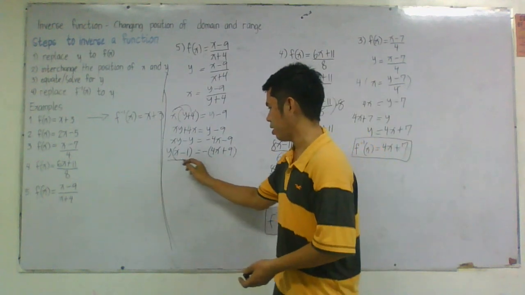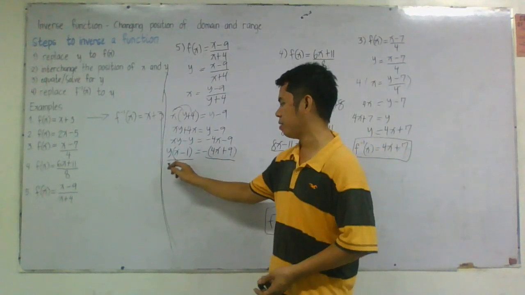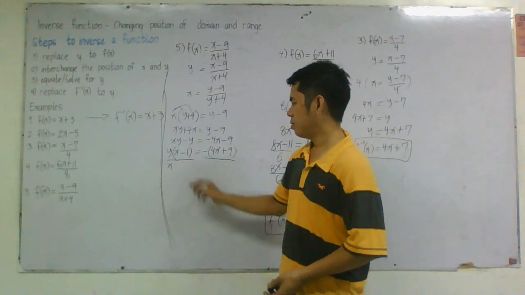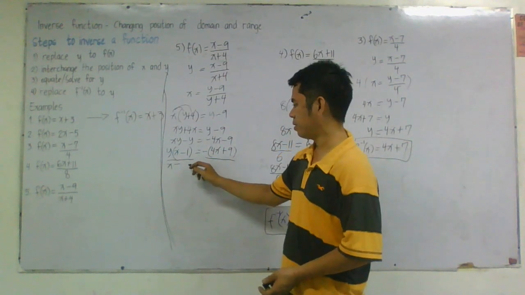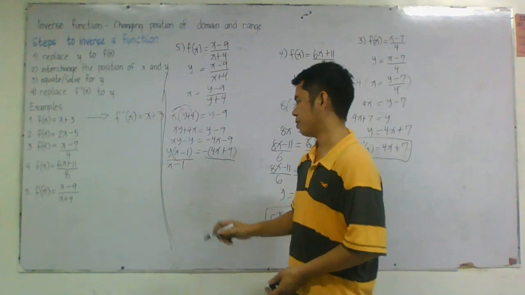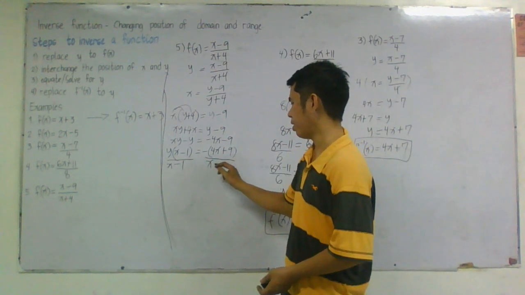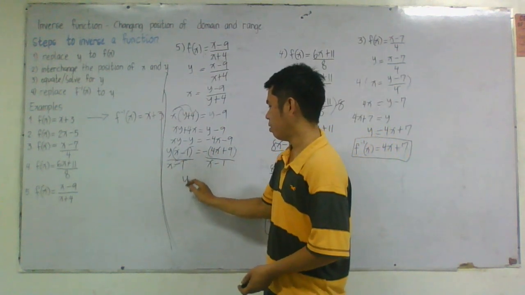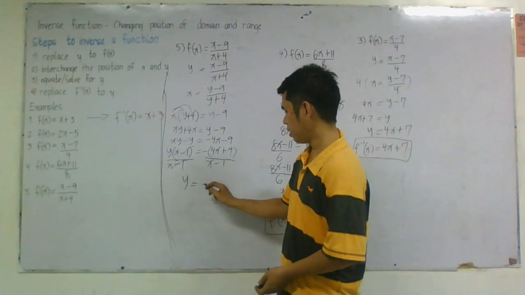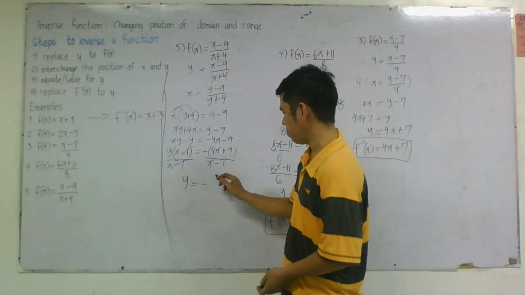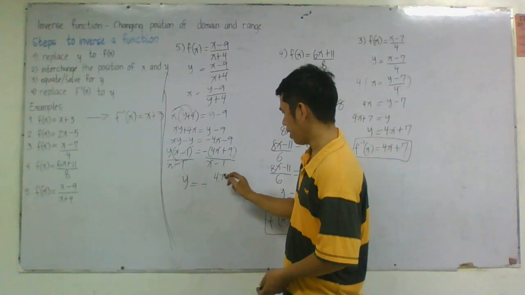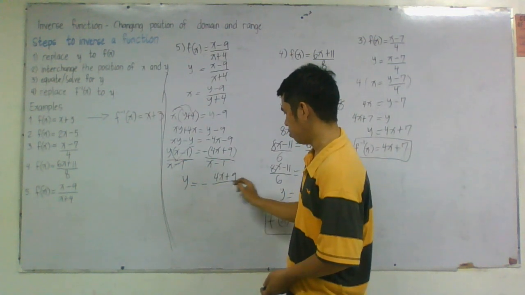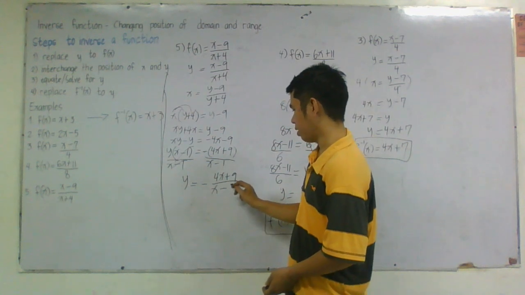So to isolate y, we have to divide both sides by the factor x minus 1. Okay? So we can cancel x minus 1. Y is equal to negative 4x plus 9 over x minus 1.